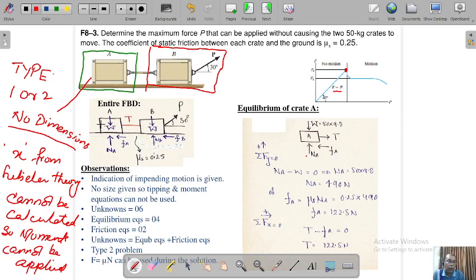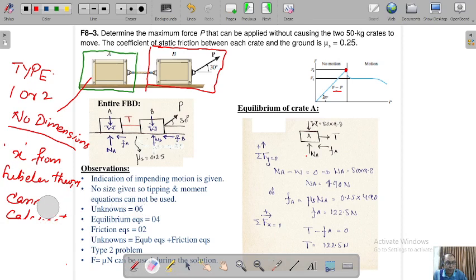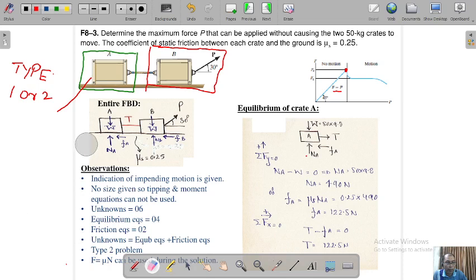In this case, since moments cannot be applied, we can easily deduce that sigma Fx equals 0 and sigma Fy equals 0.